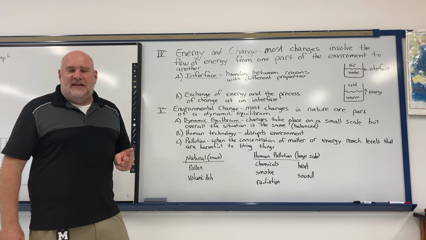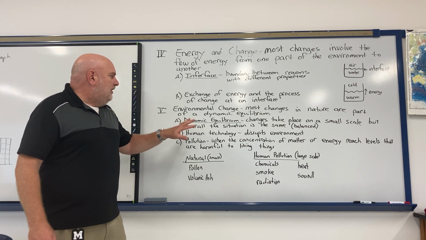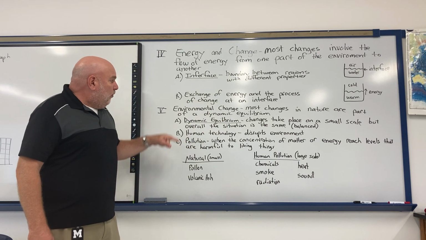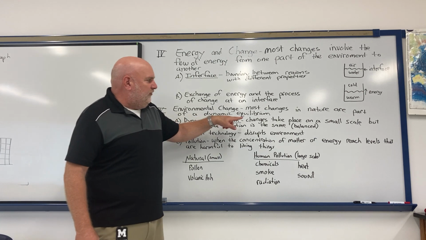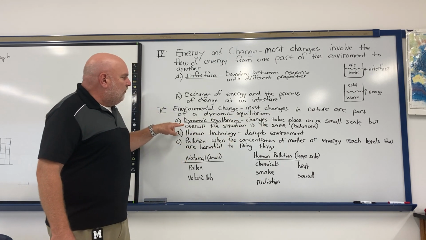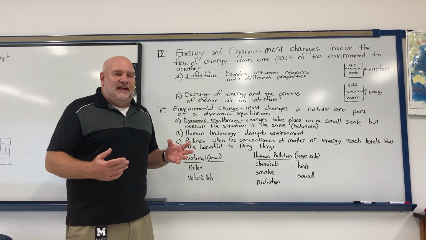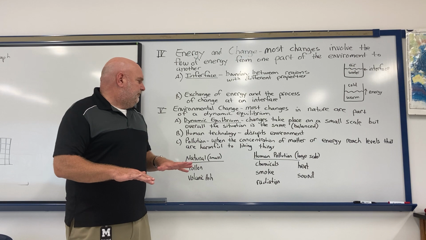So those two words seem like they are kind of the opposite of each other. I have something changing that's balanced, all right? So a dynamic equilibrium is when changes take place on a small scale, but the overall situation is the same. So there's lots of changes happening, but something stays in balance for the most part, all right?